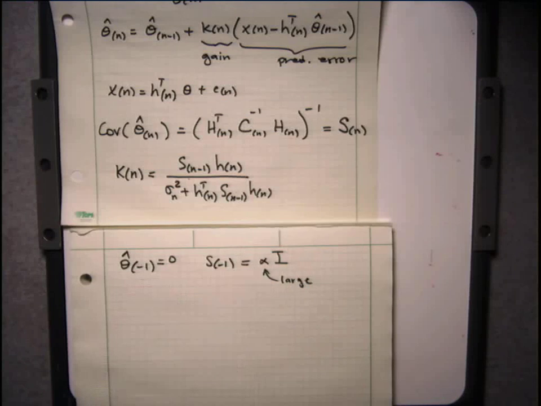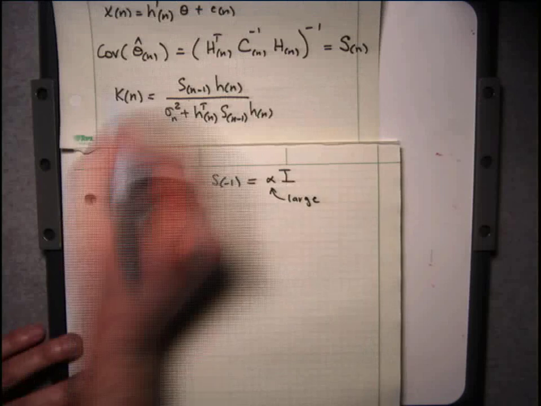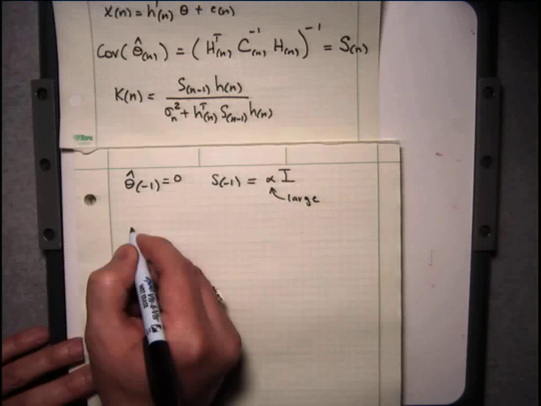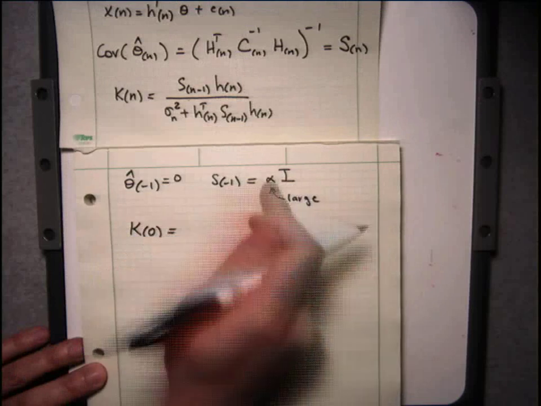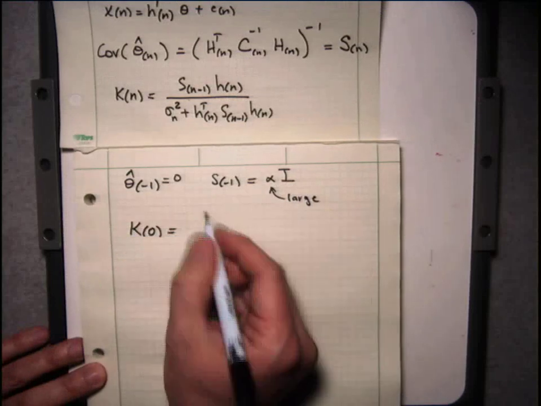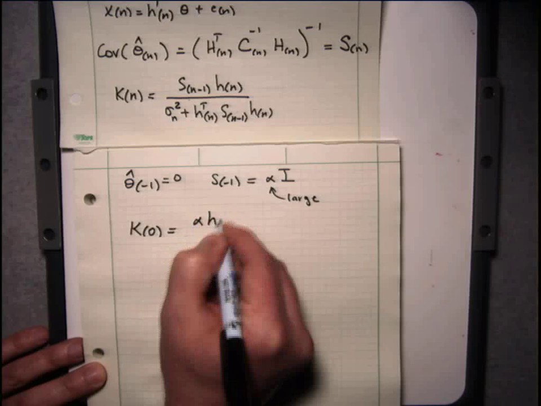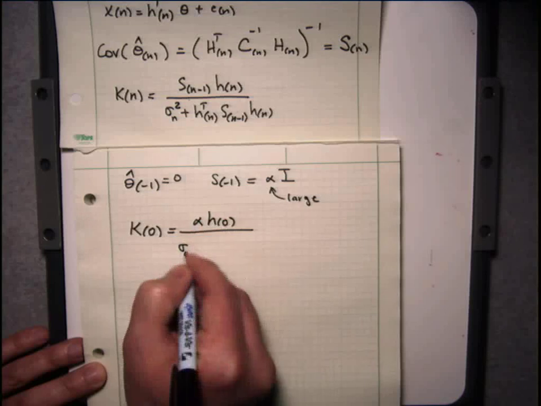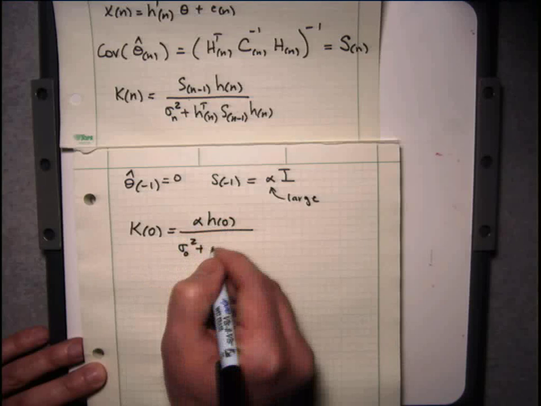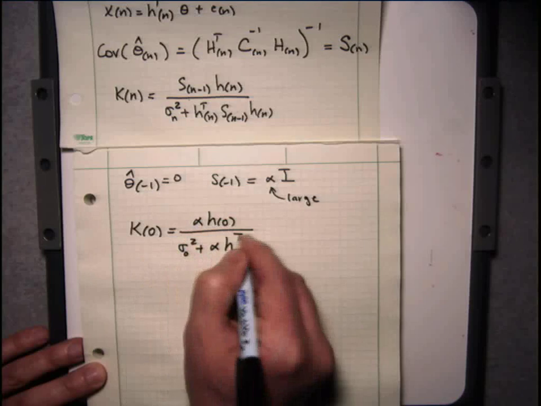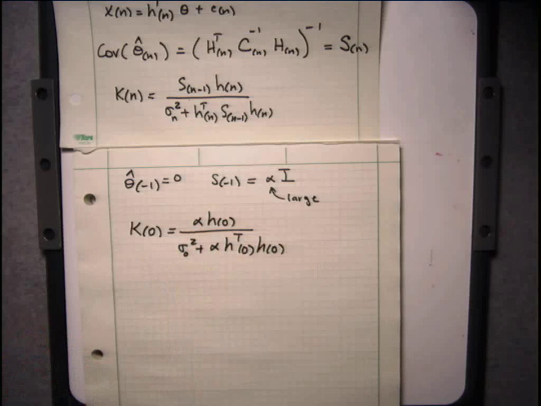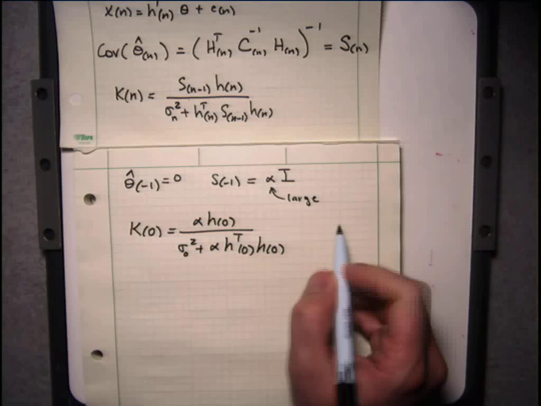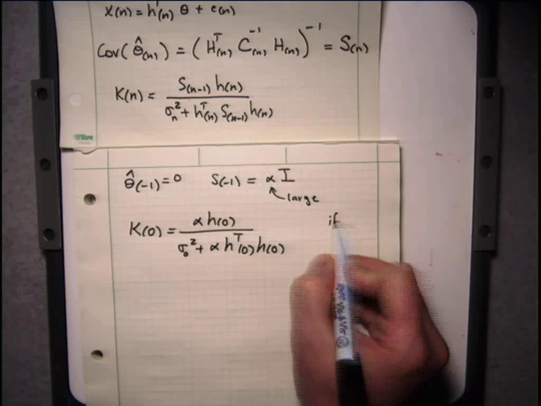Let's take a look at what happens to the gain at 0. So K of 0, if I stick these numbers in here, what I get is alpha h of 0 over sigma 0 squared plus alpha h transpose of 0 h of 0. Now let's say I let alpha get very large.